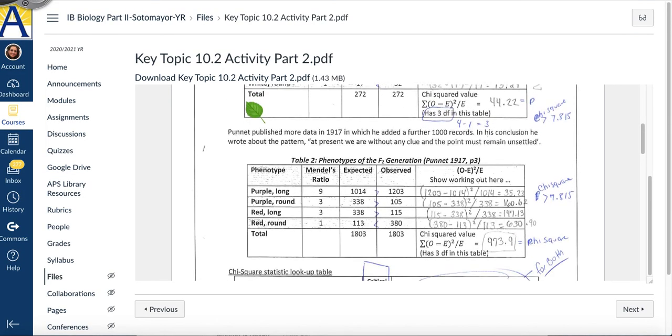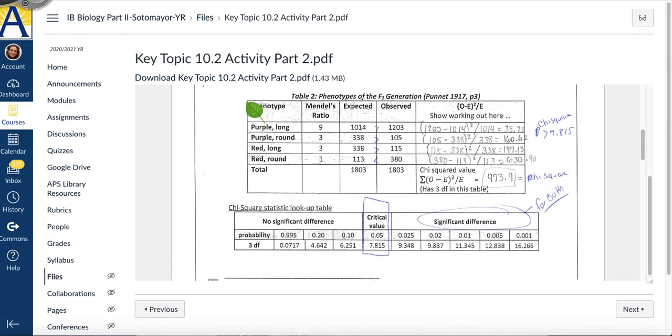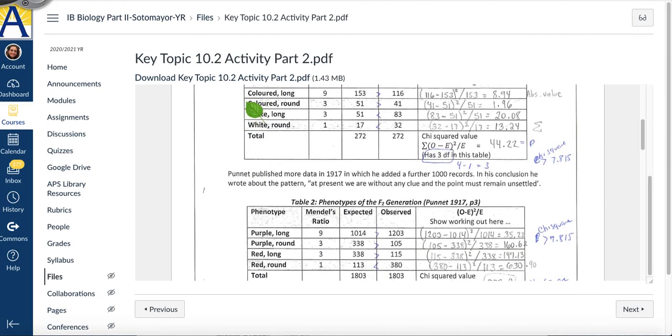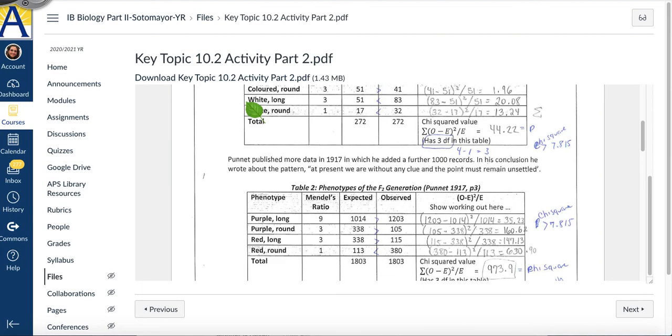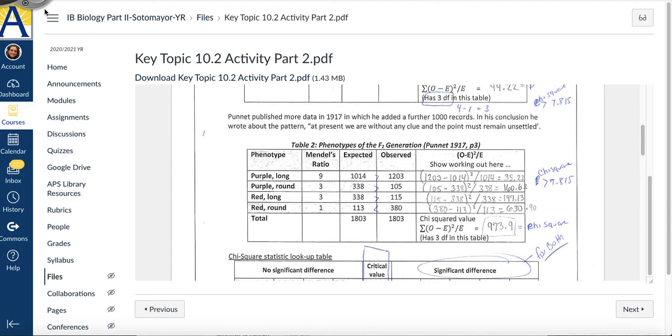So then they did it again, right? They ran the experiment again in 1917, and they added more plants, thinking that, wait a minute, there's something wrong here, and they ended up with a chi-square value that was even greater, reassuring them that there was a statistical difference.